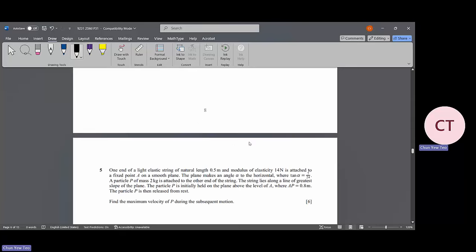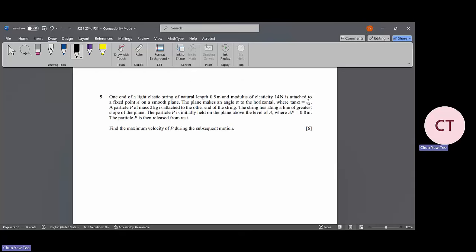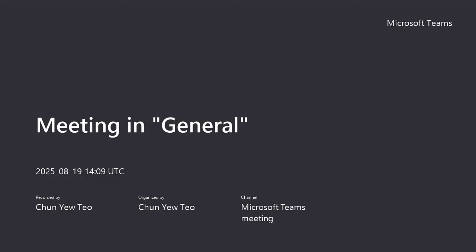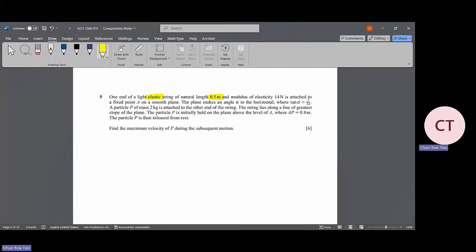Moving on, we have question number 5. A string of natural length 0.5 meter and modulus of elasticity 14 Newton is attached to a fixed point A on a smooth plane. The plane makes an angle alpha to the horizontal where tangent alpha is equal to 7 over 24.